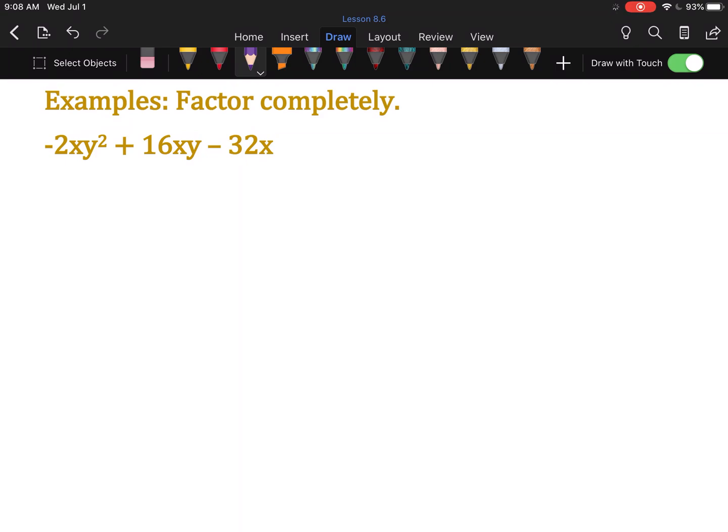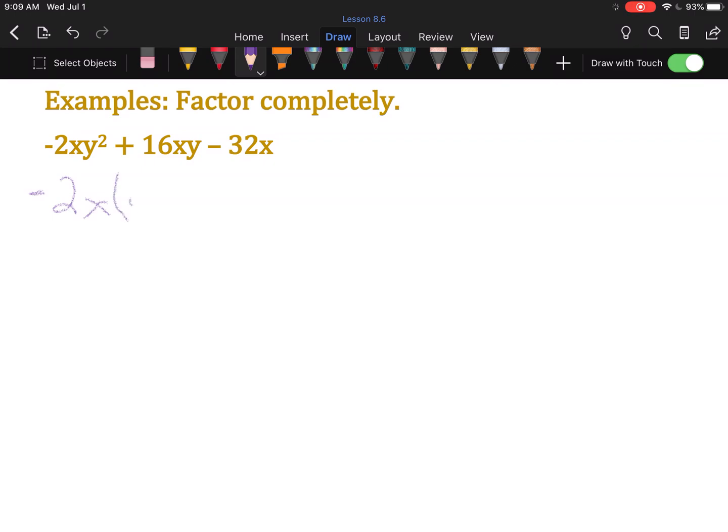So when I look at all these, I'm seeing a 2 that is common to everything. I'm seeing an x that's common to everything. And further, since there are 3 terms here, and I know that I don't like the first term to be negative if at all possible, I'm going to say we can take a negative 2x away from all of these.